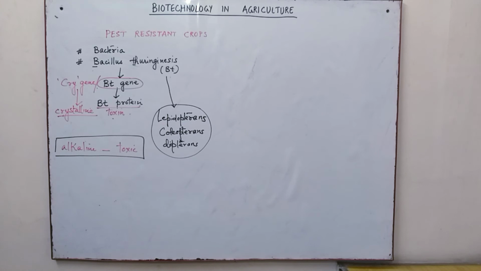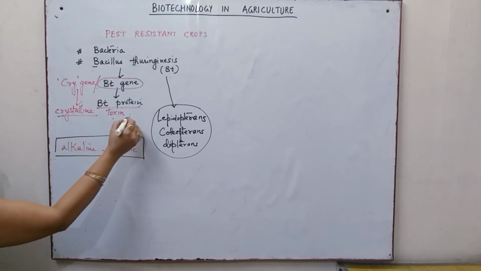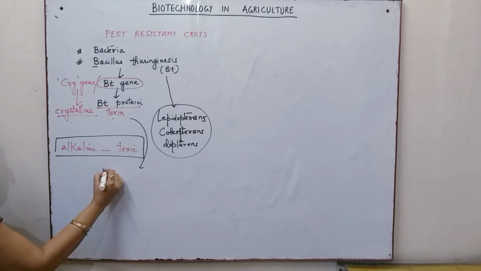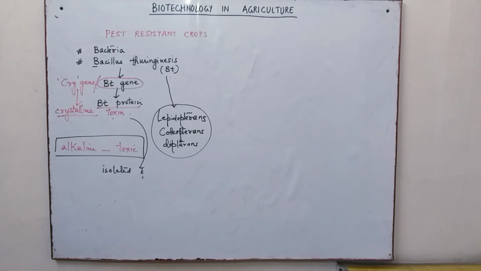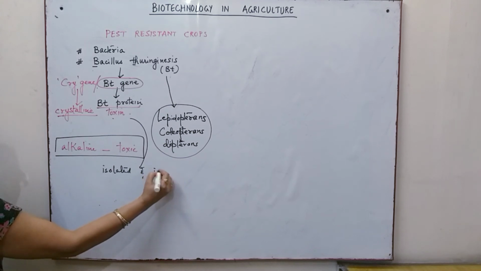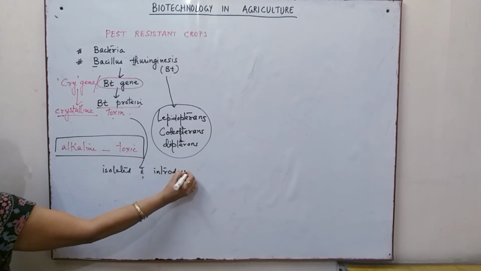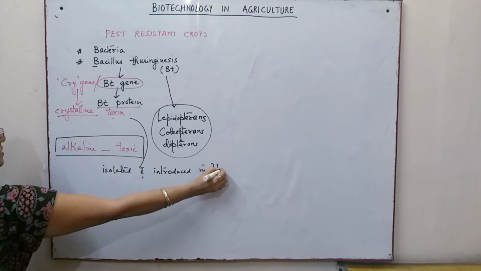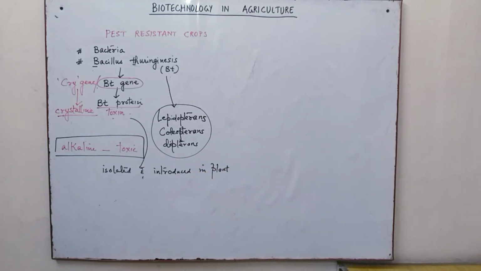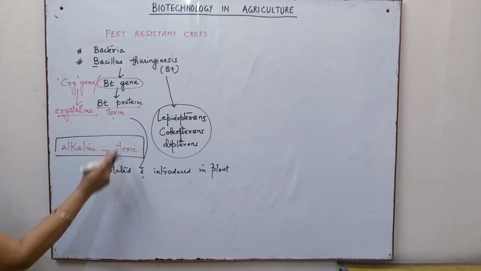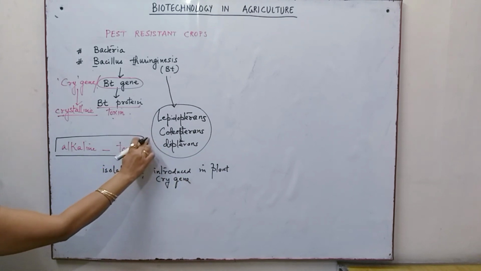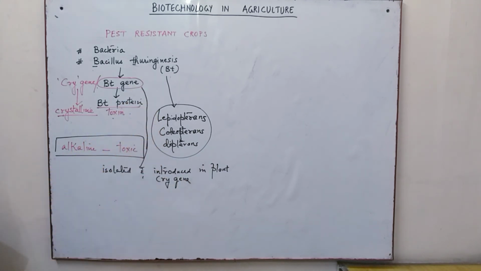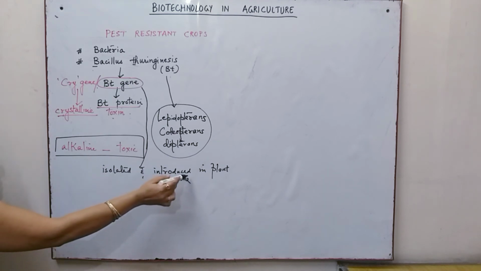Now this Bt protein was isolated and incorporated into plants. It was through the process of separation and technique that this gene, which we call the cry gene, is isolated and incorporated in the plant.